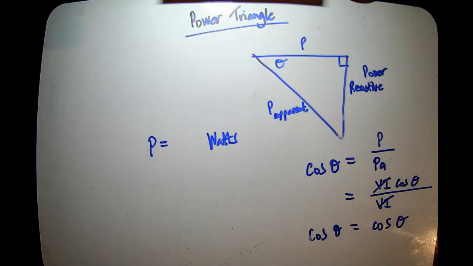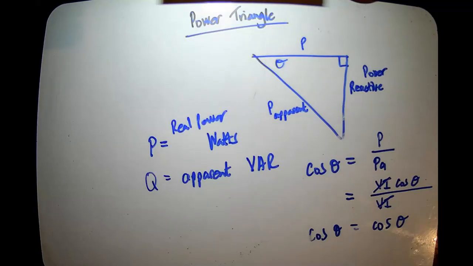So now we're looking at the formula for true power. True power is VI cos theta, and the unit there is watts. We call that real power, true power, actual power, all the same thing. So Q is the reactive power, and that's in VAR.